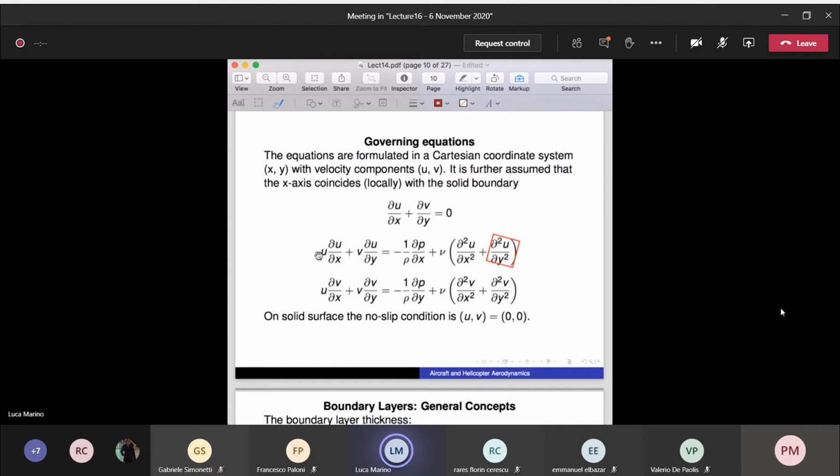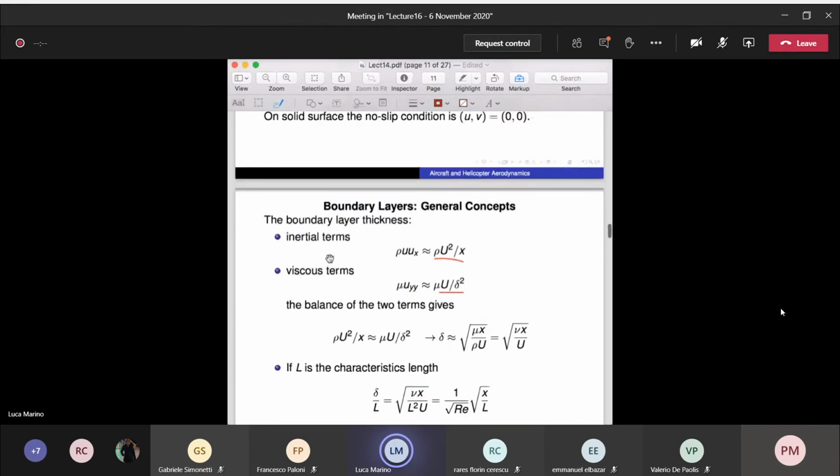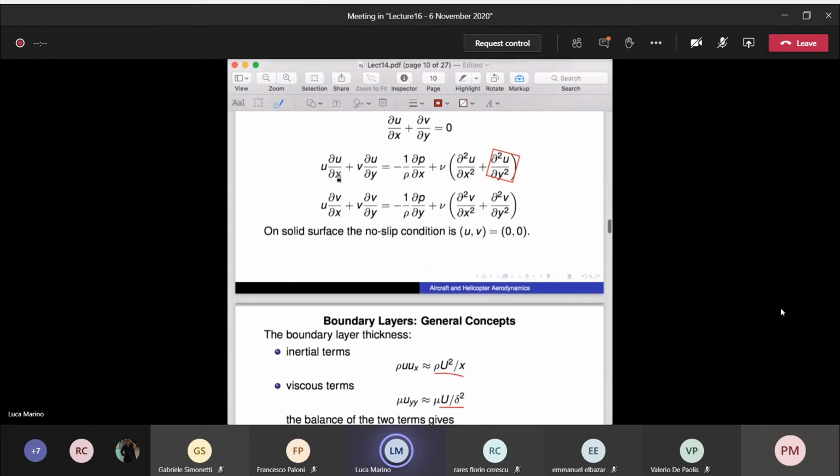You multiply for U0 and divide for U0. You multiply this term for U0 and divide for U0. You multiply for L and divide for L. The quantity referred to the U0 and L are non-dimensional. What you have in front of this term will be the square of U0 over L, which is exactly what is written here, if we use the L as reference frame.